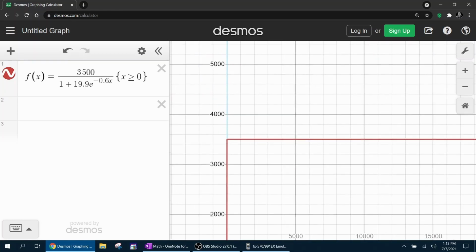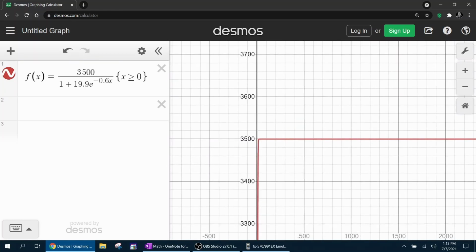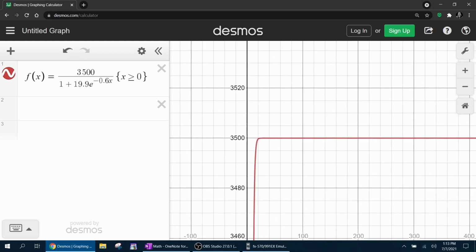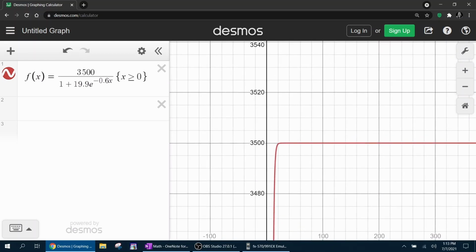But then, up here at the top, if we zoom in, you're going to see that after, let's see about where that is. Yeah, okay, so the x-coordinate is the time. So 16, there's 17 days, 18 days, 20, at about 20 days is where we get 3,499.5.